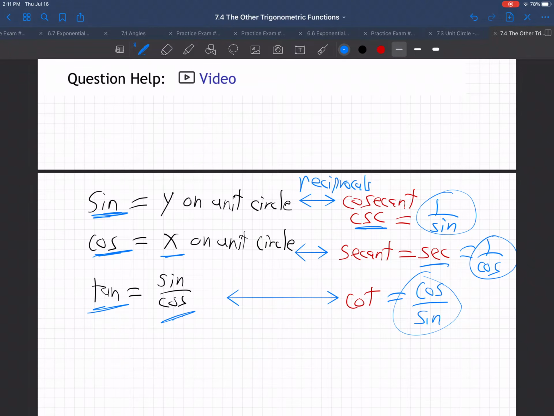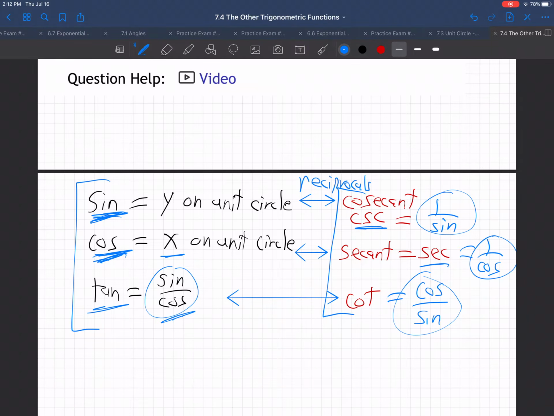So the first three trig functions are sine, cosine, and tangent, and the other three are just the upside downs of the first three. They're the reciprocals. And even tangent just comes from sine and cosine. What I want you to see here is that all the trig functions really just come from sine and cosine.